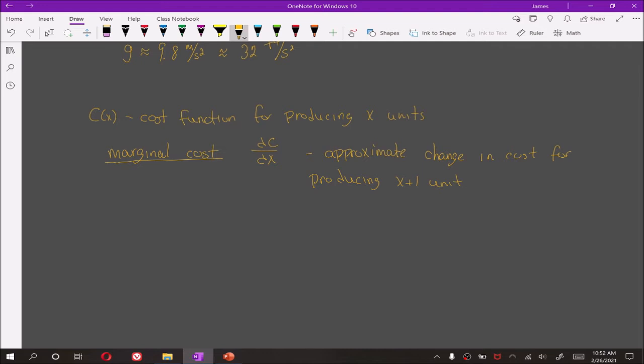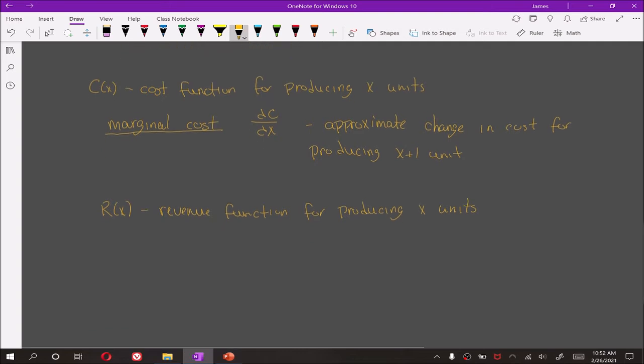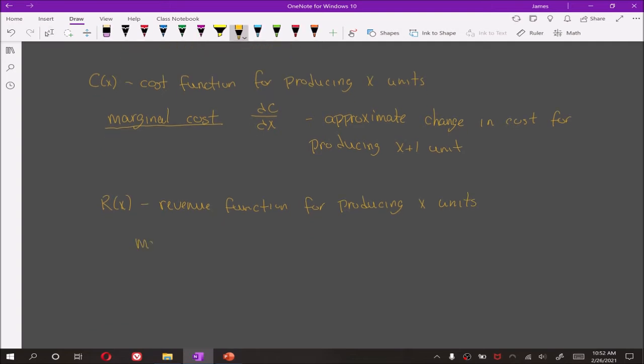Now, r of x is the revenue function for selling x units. The marginal revenue is given by dr dx. It's the derivative of revenue with respect to x.